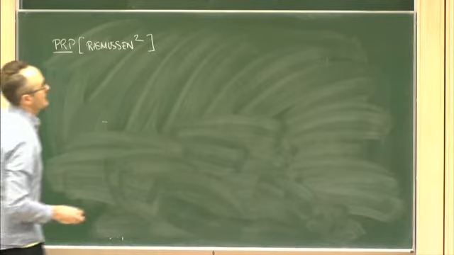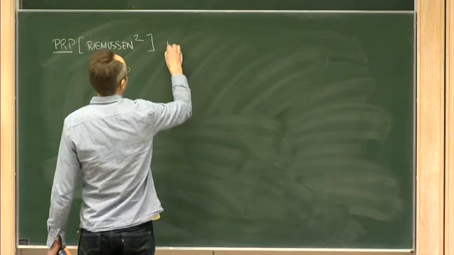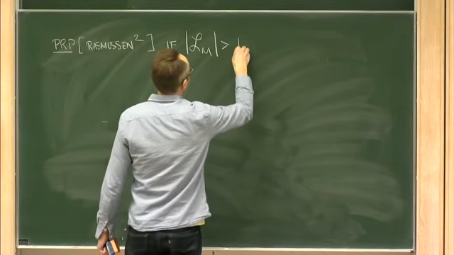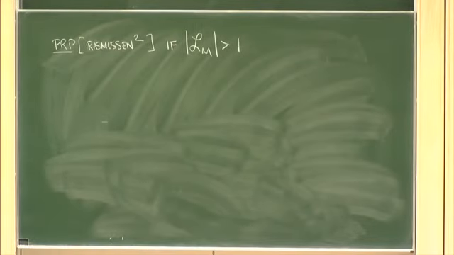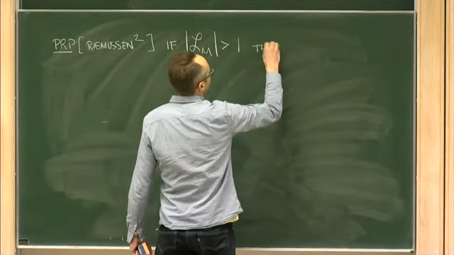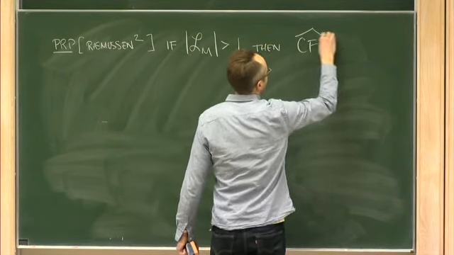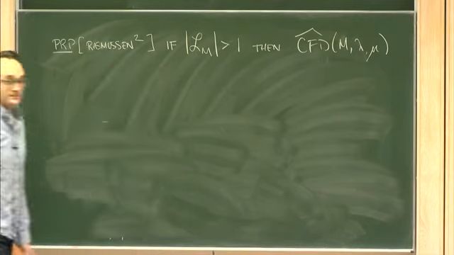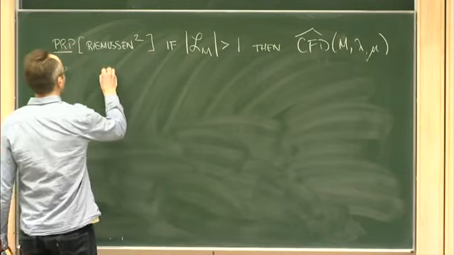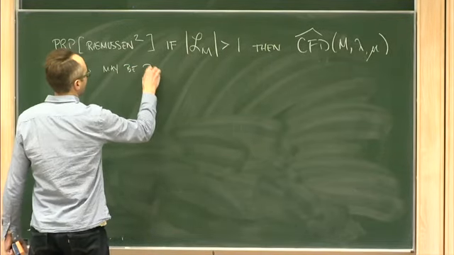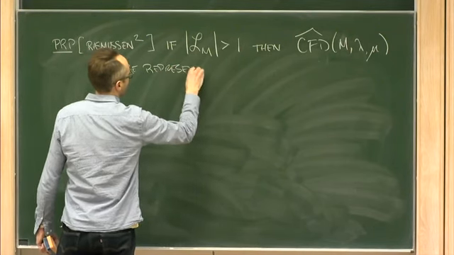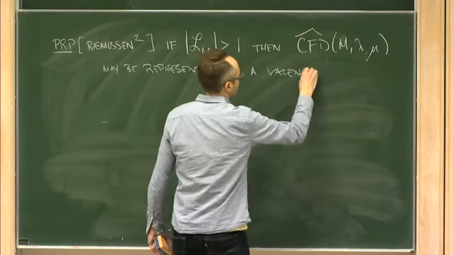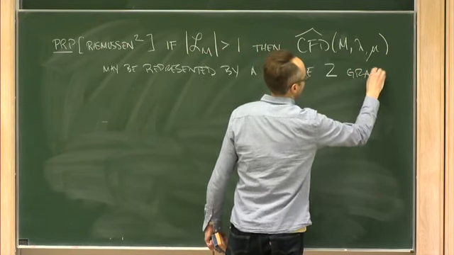And that is that if you're in this case where you have more than one L space filling, then CFD M, say lambda mu, pick some basis so that you can compute this thing, may be represented by a valence 2 graph.